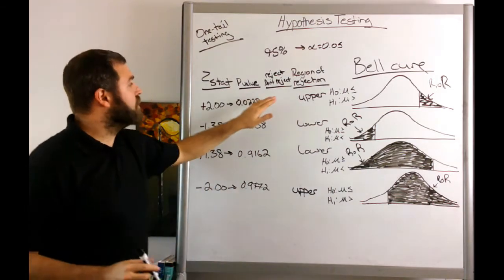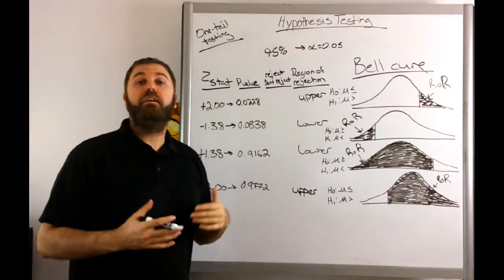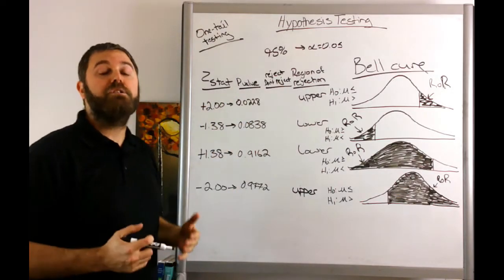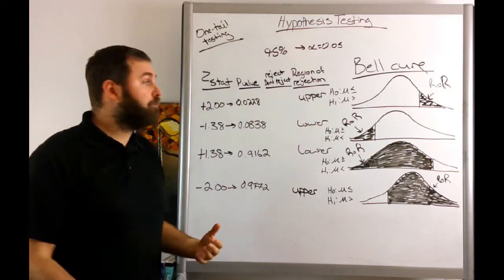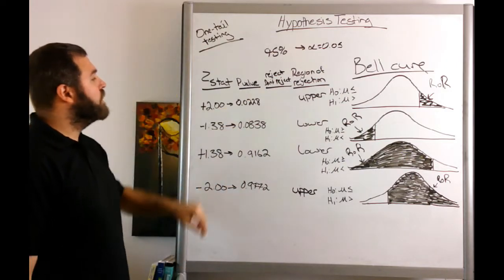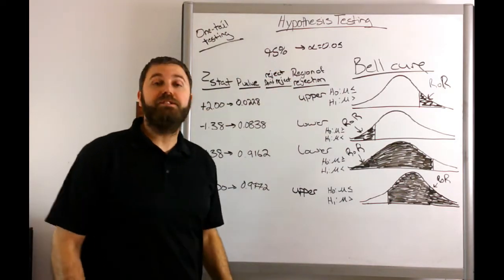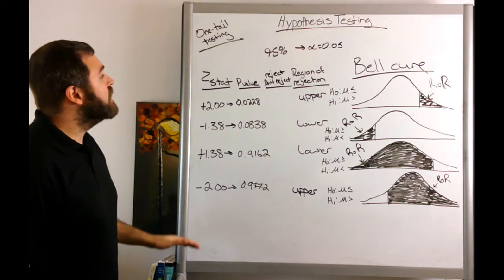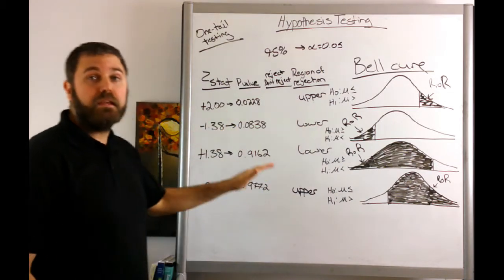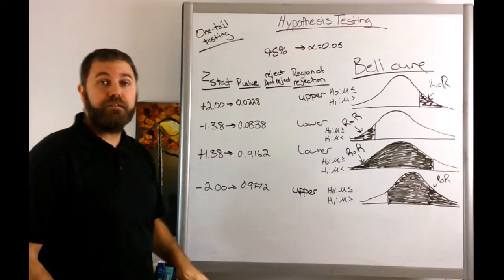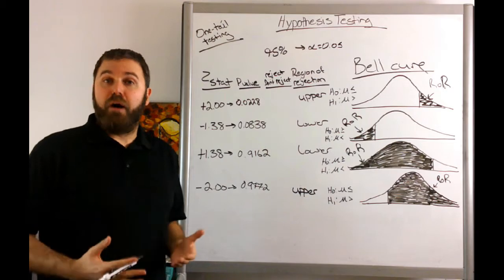So now we have to determine whether P is less than the level of significance, because when P is low, H0 must go. With a p-value of 0.0228 and a level of significance of 0.05, we reject H0 because P is less than the level of significance. Because P is low, H0 must go.